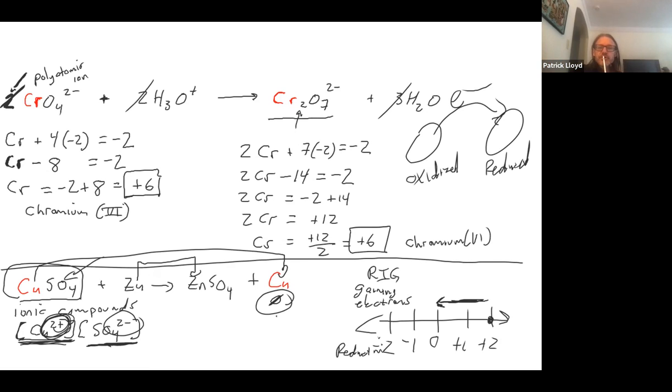Now, I do want to show you the idea of agents. This was confusing to me when I first started learning chemistry, this idea of something we call an agent. An agent is the same thing as a reactant. Historically, we call redox reactants agents.